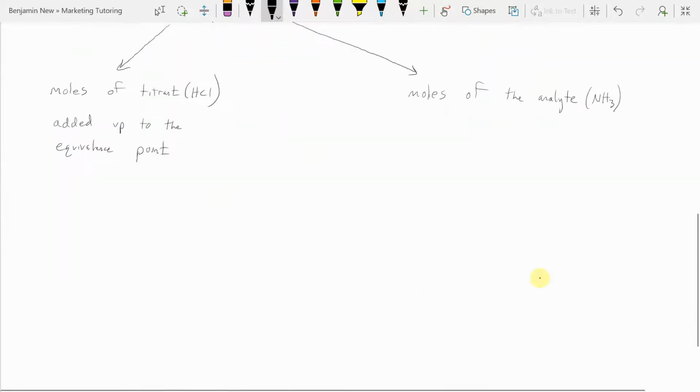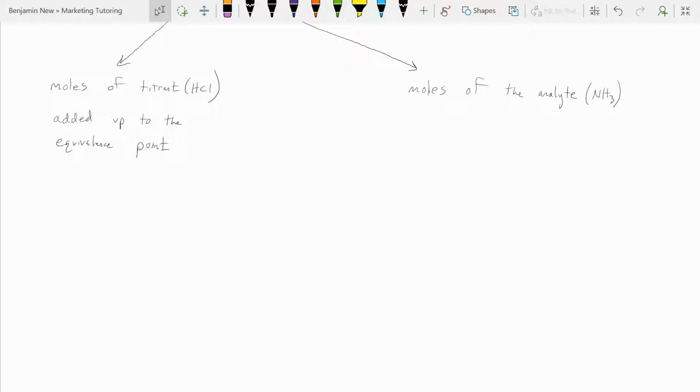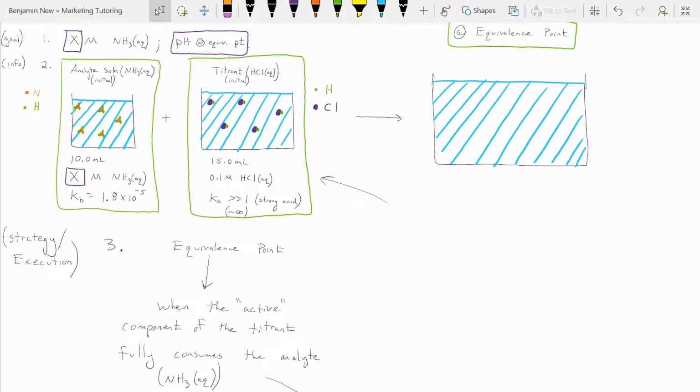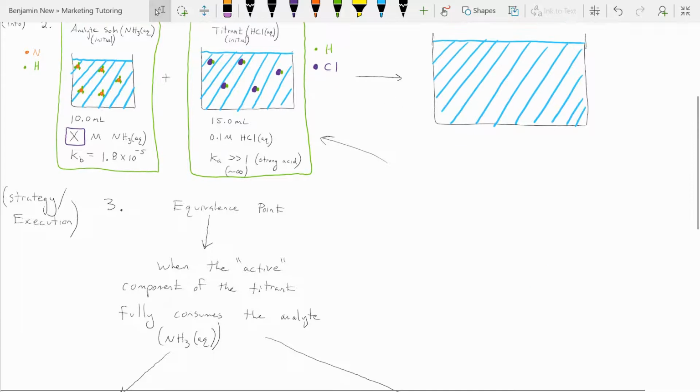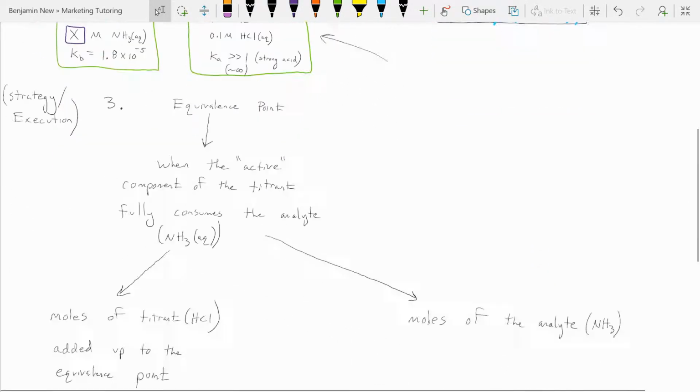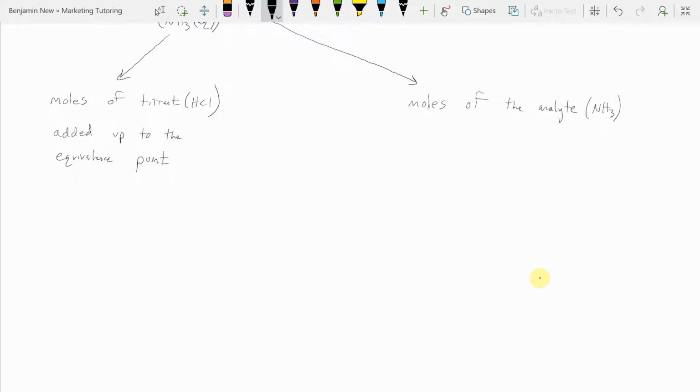And the way that we do that is through the definition of molarity, which is just the number of moles of that thing divided by liters. I'm assuming that you're pretty familiar with this, since usually you do a lot of these practice problems. So we're going to convert 15.0 milliliters into liters, and then multiply that by the molarity of HCl in order to get the number of moles of HCl. Let's do that.